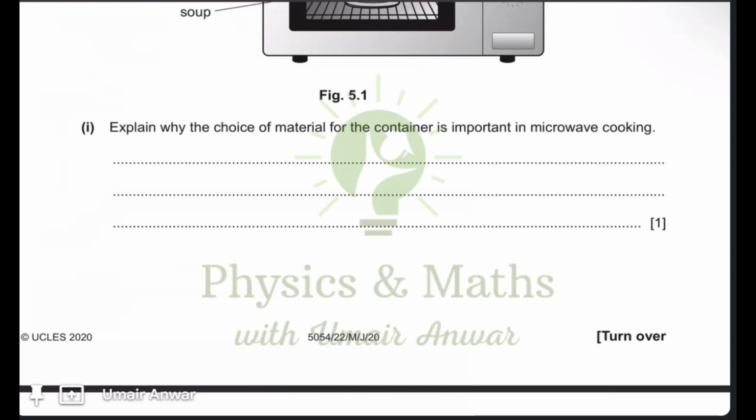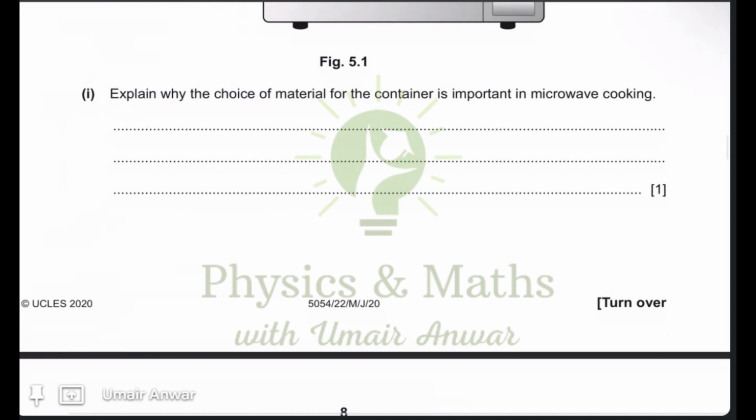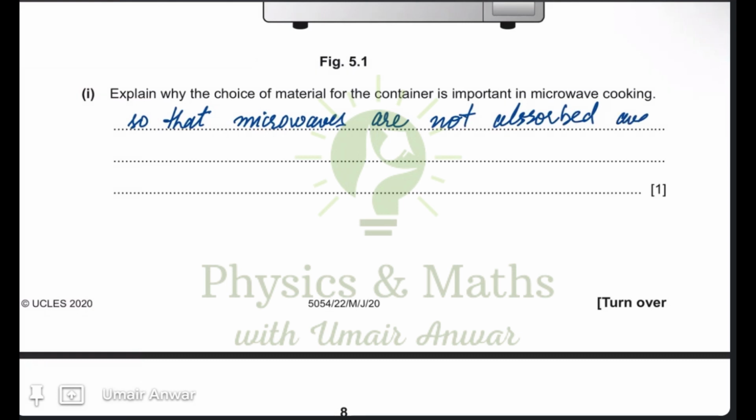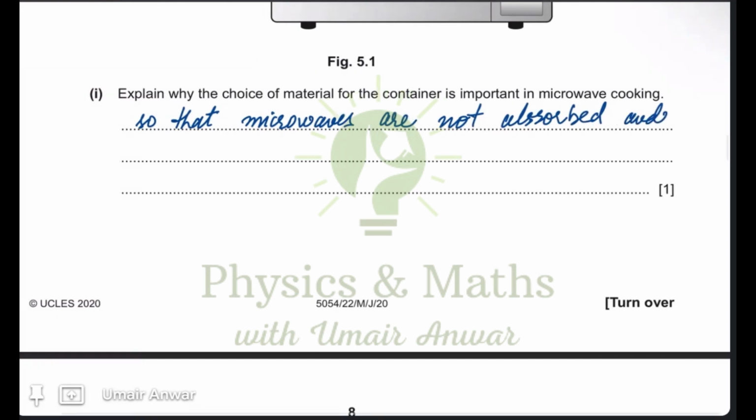So the choice of material is important so that microwaves are not absorbed and not reflected, and they should refract.